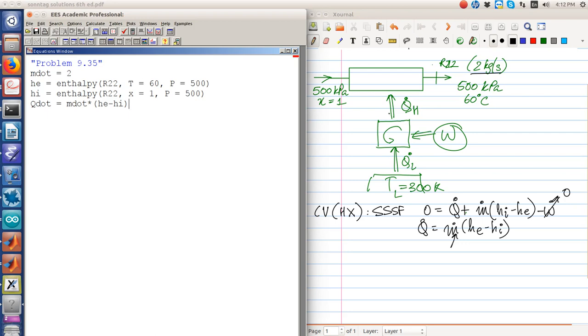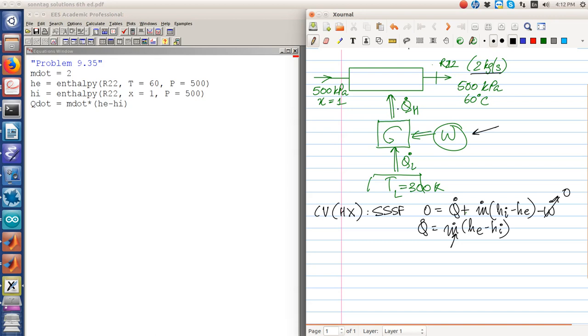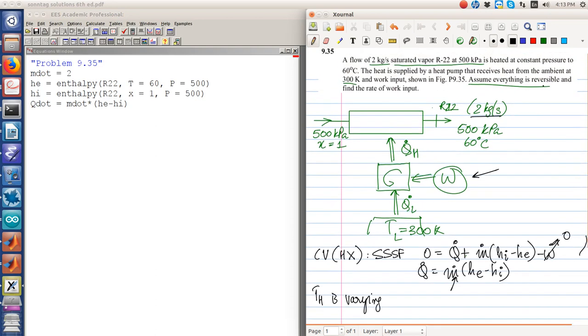Now what? How do I find out the work? I know what QH is. I cannot relate QH to TH because the TH is varying. Even if I assume that everything is reversible, this is not a Carnot cycle because the TH is varying.